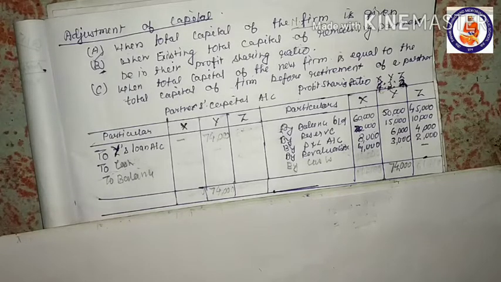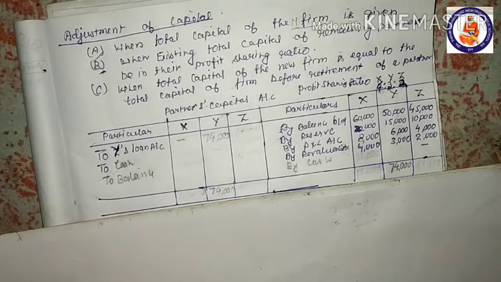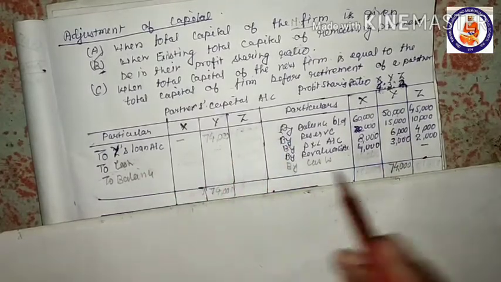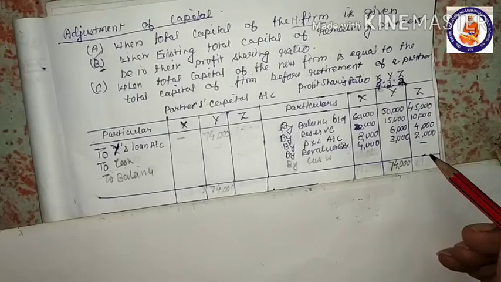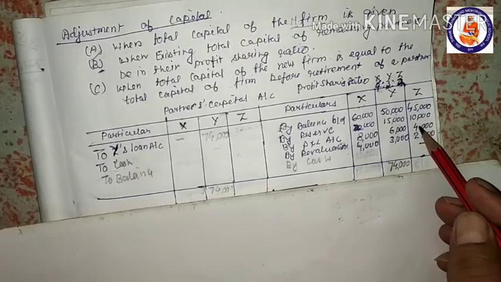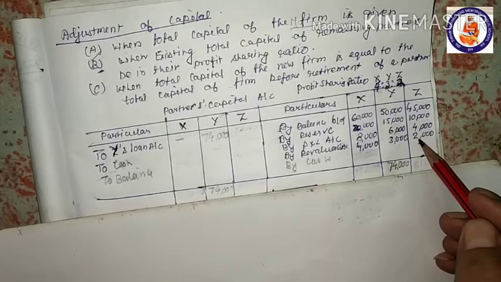They want to adjust the capital as per the profit sharing ratio, and their capital would be the total of the capital of both partners. First, we find the balance of their capital accounts. There are no debit amounts here, so the total will be the amount of their capital.